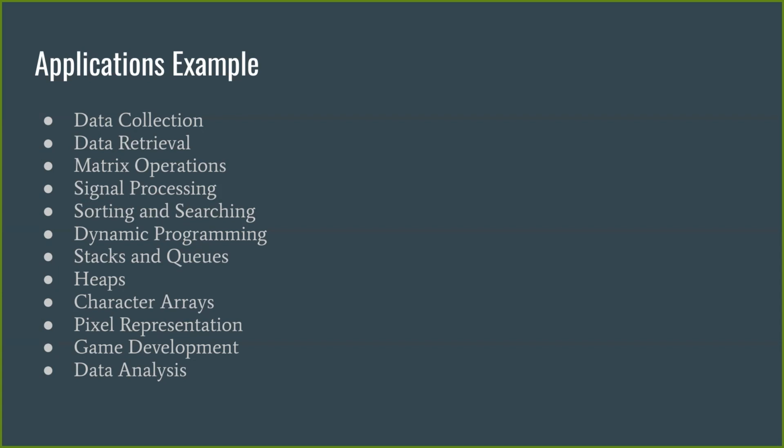Then the array can store a list of temperatures recorded either hourly or by minutes. And data retrieval: arrays allow for quick retrieval of elements at any given index, so in any application where fast access to data is crucial, you'd definitely want to use arrays.